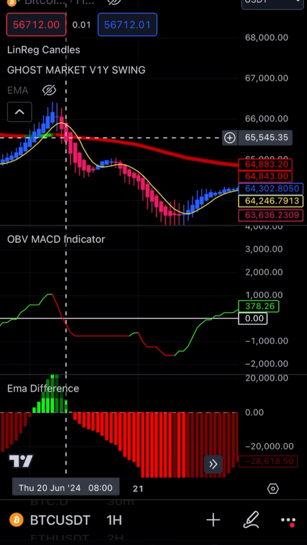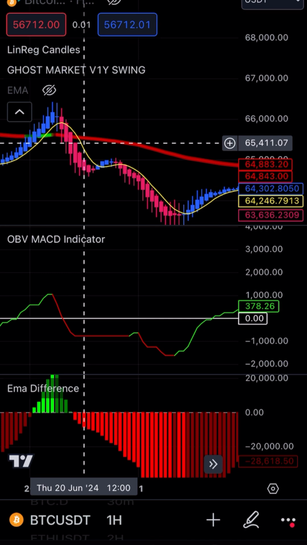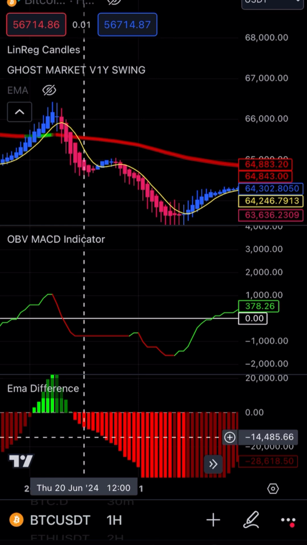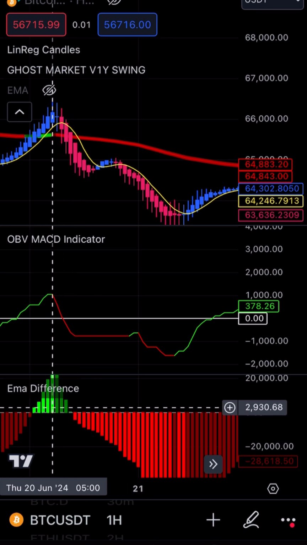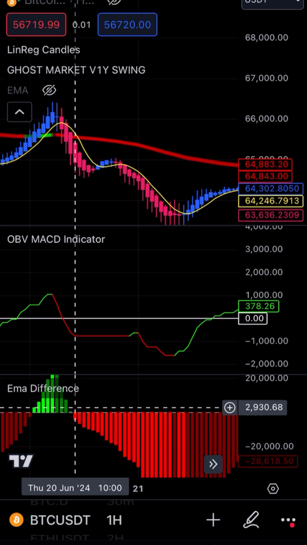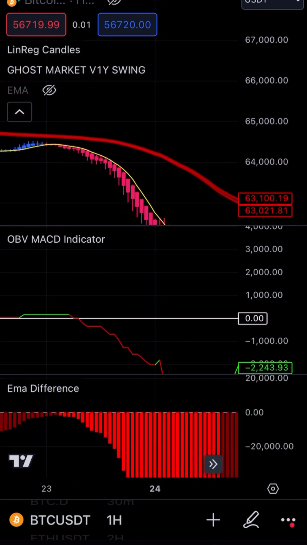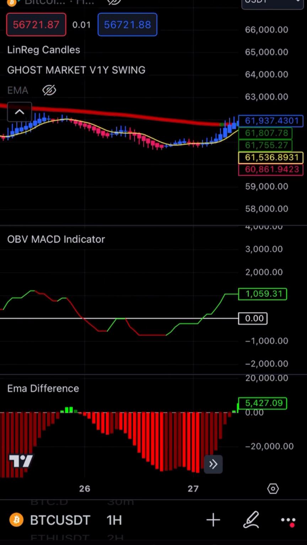You see the linear line is crossing down right here, and you see it crossing down shortly after. You see the candles are below the linear line. You see it crossing down with the MACD indicator, and you see the EMA difference here is going from up to down with the zero line right about here.